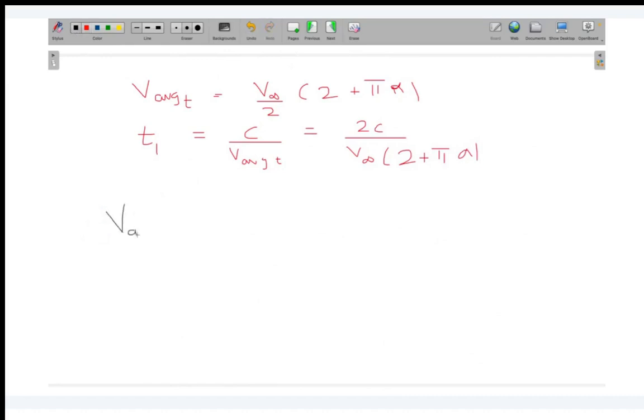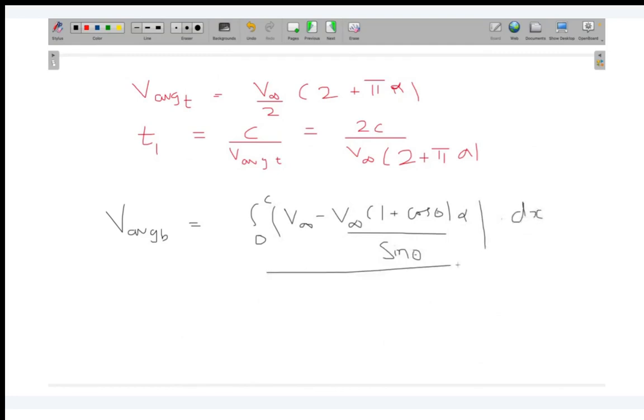Bottom is nothing but integral 0 to c, velocity at the bottom is v infinity minus v infinity into 1 plus cos theta into alpha by sine theta into dx, divided by integral 0 to c into dx, right?